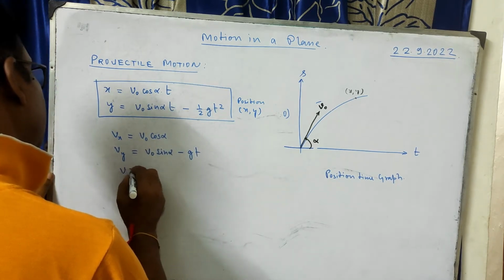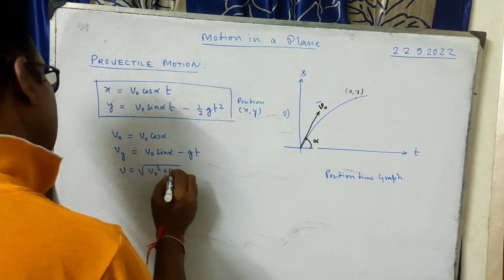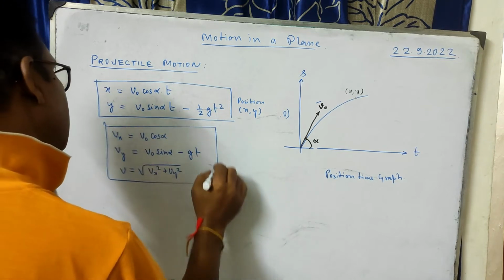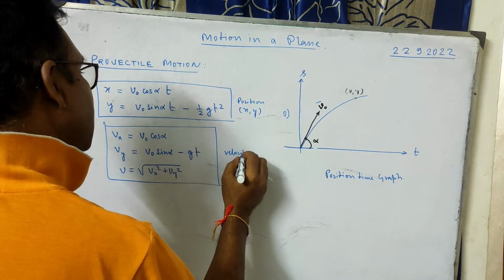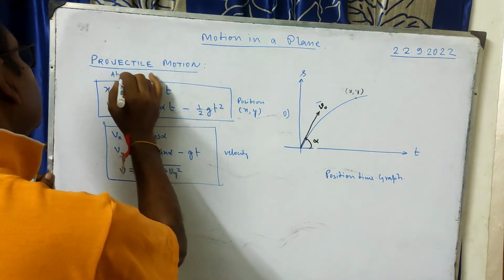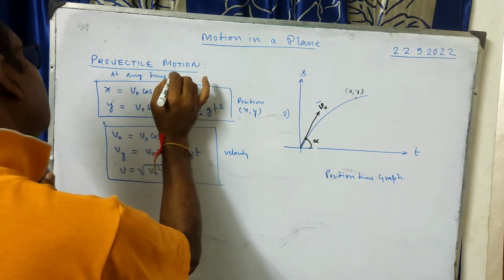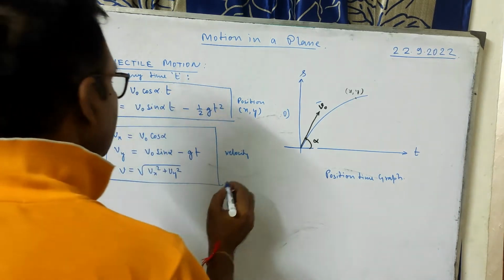So V we came to know, root over Vx square plus Vy square, right? This is your velocity at any time t. Position and velocity we came to know, right?